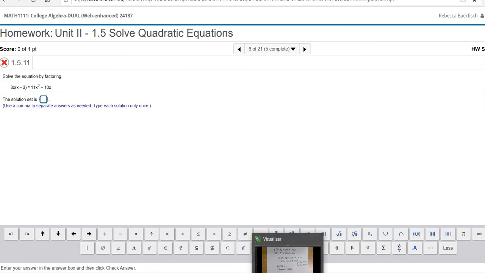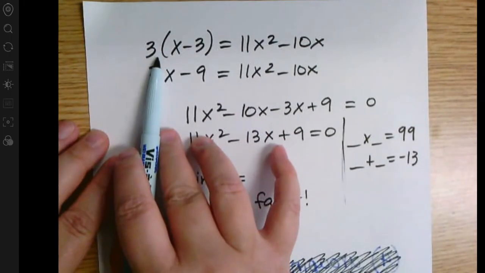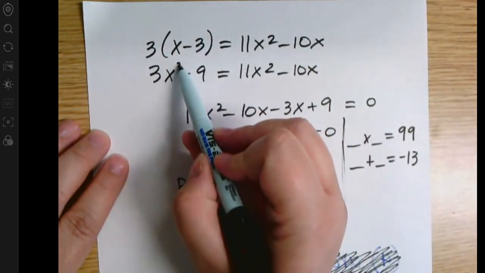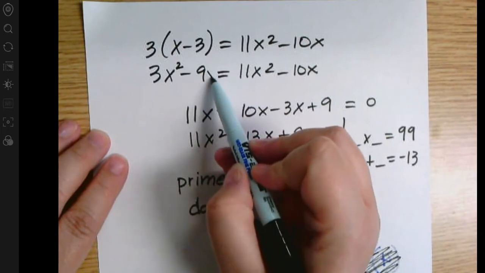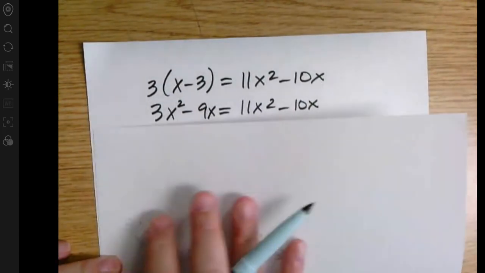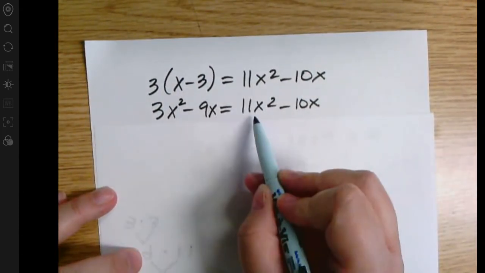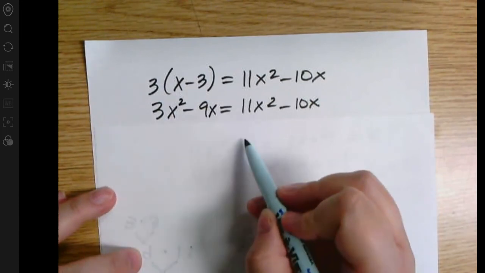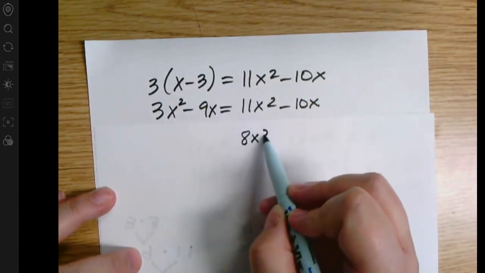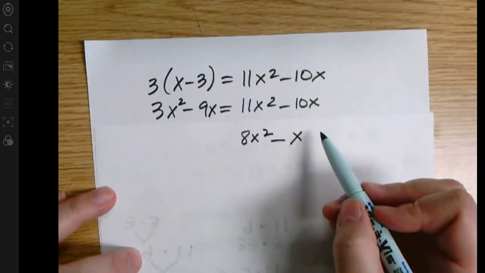So if you look at what's up there and then look at mine, the x is missing right here. Okay, so it should be 3x squared minus 9x. So let's see if we can go from there. Let's move everything over here. Subtract 3x squared from both sides, I get 8x squared. Add 9x, I get minus 1x.